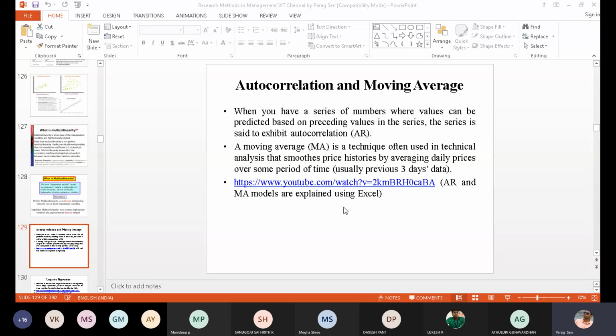In the exponential weighted method, you put weightage exponentially: as you move towards the more distant past data, you give less weightage.